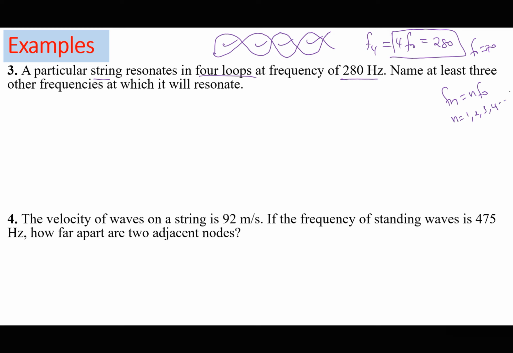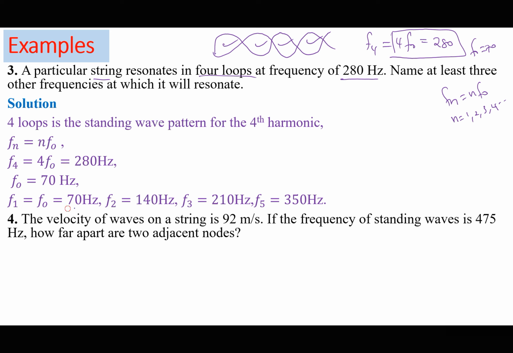So the first one is going to be 70, the second one is 2 times 70, the third one is 3 times 70, 4 times 70, and so on. So this gives us the frequencies as 70, 140, 210, 350, and so on. So those are the frequencies.